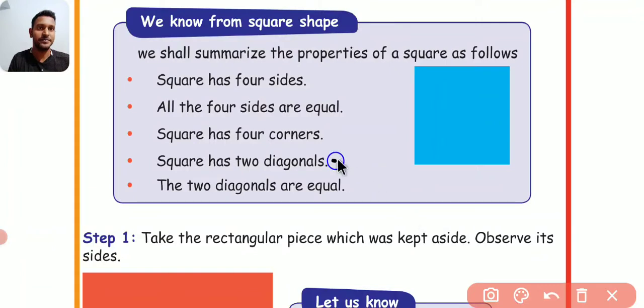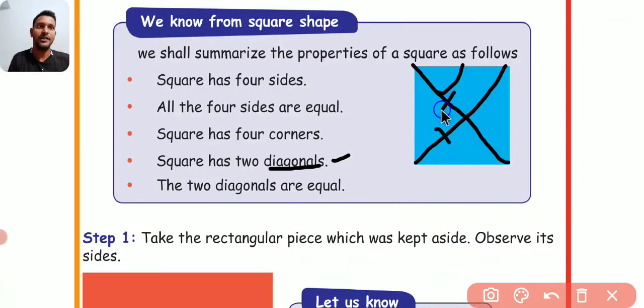Diagonals means if you join 2 corners, you will get one line. This line is called a diagonal. The 2 diagonals are equal in length. These are all the properties of a square.